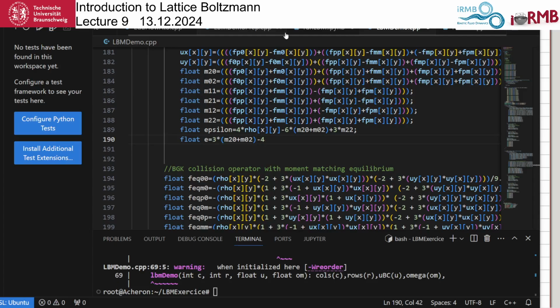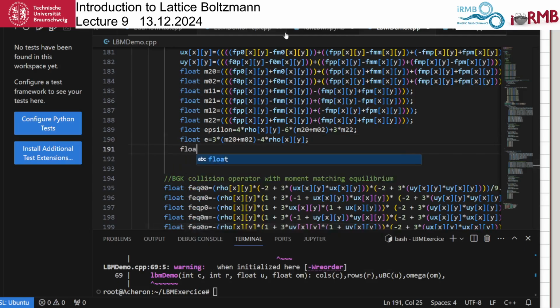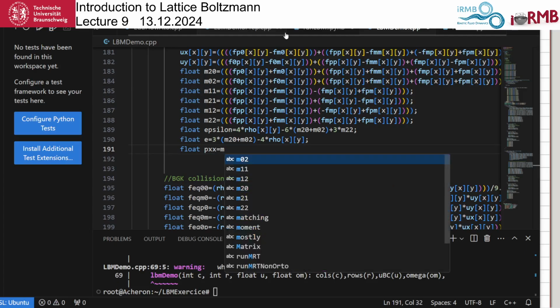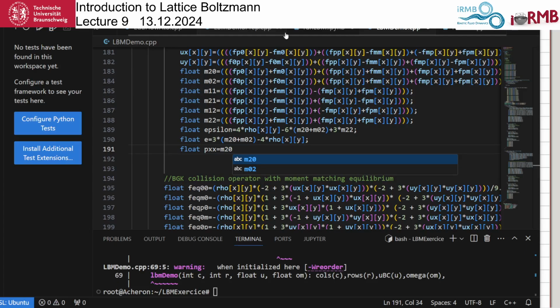Minus 4 times rho, the zero moment, x and y. Okay? So now we have defined these, and we also have this other guy that they call pxx, which is the difference, m20 minus m02.